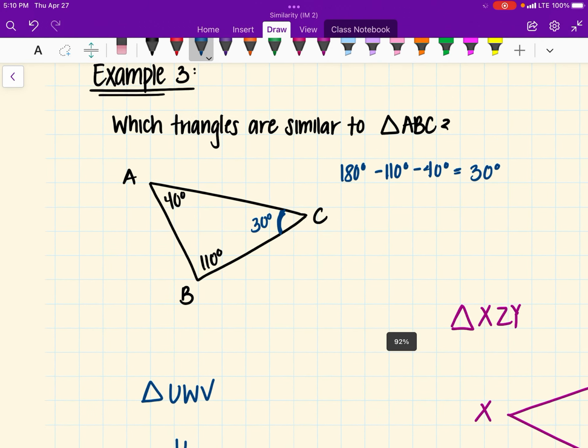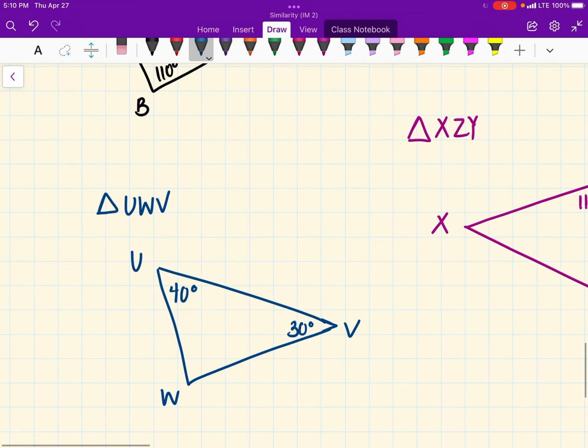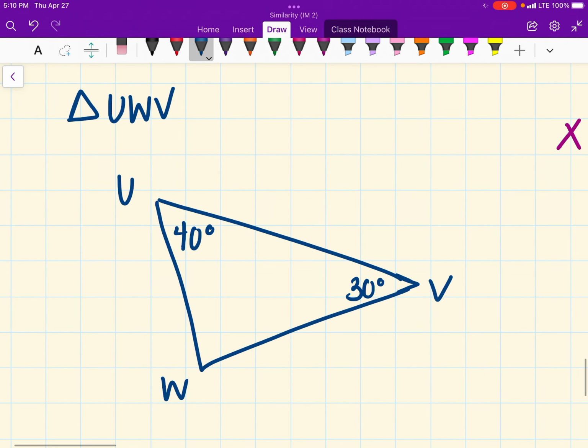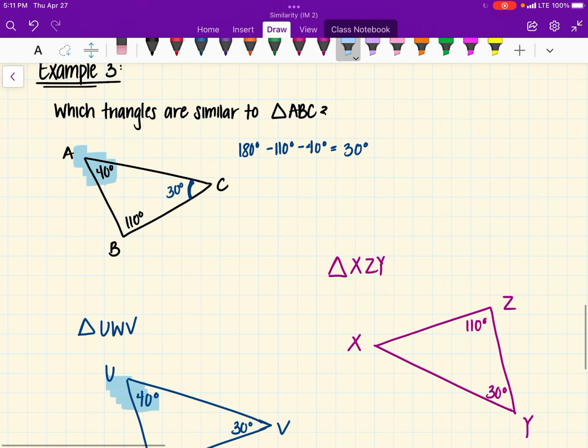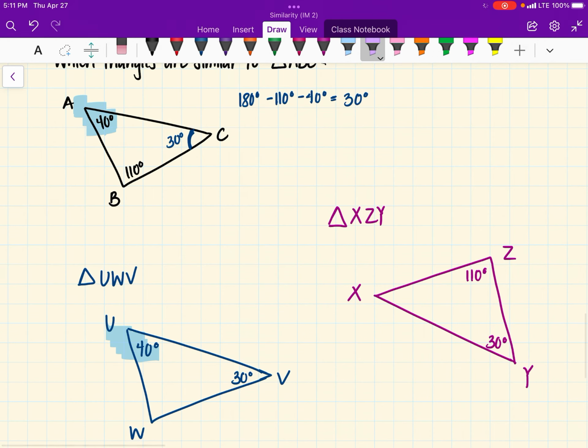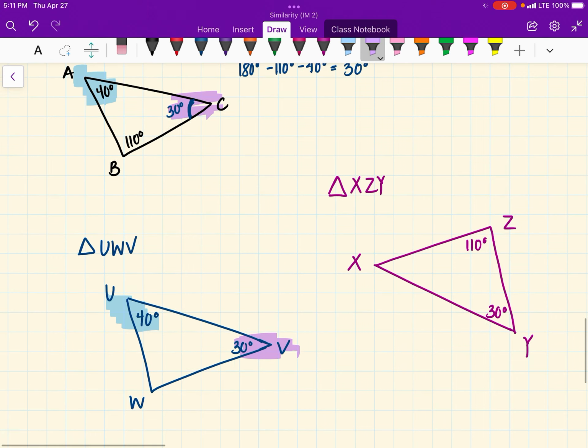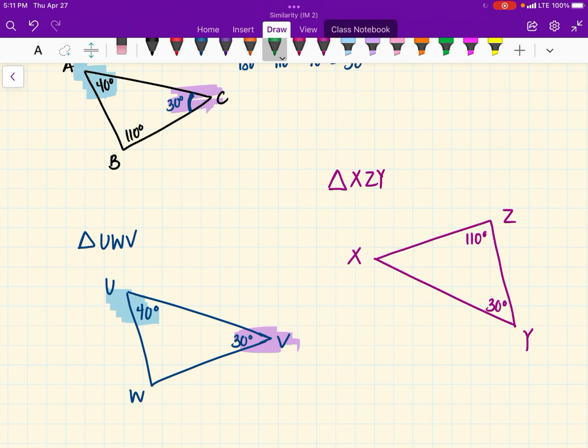Now, let's compare that to our other triangles. If I compare this to triangle UWV, I'm sharing the 40, and we're also sharing the 30. So I could conclude that this one here is also going to be 110.